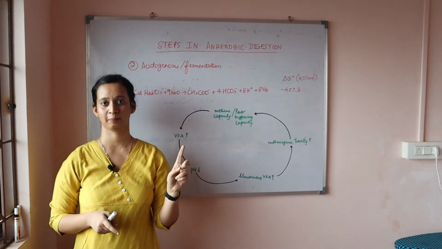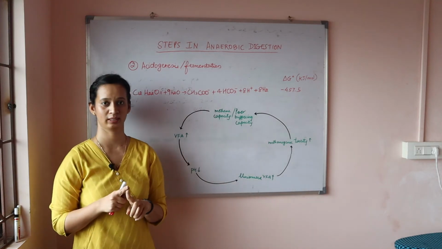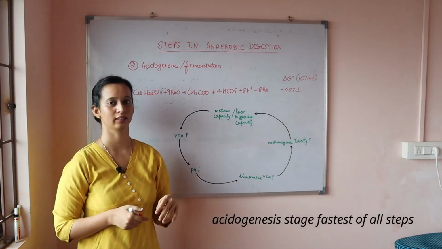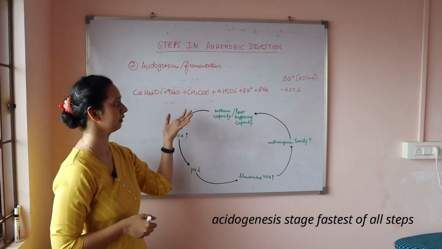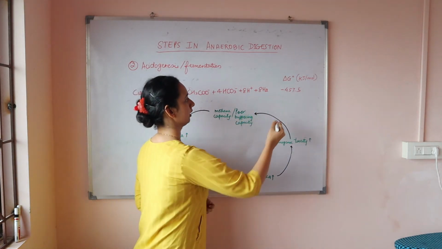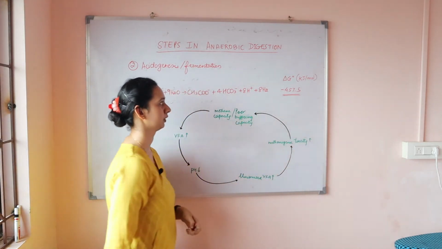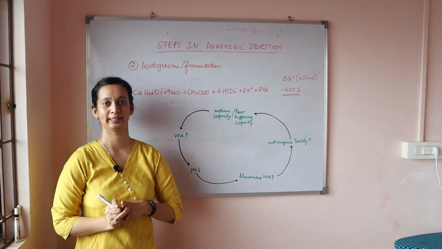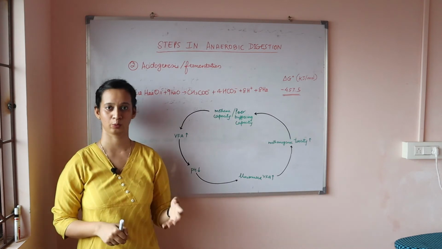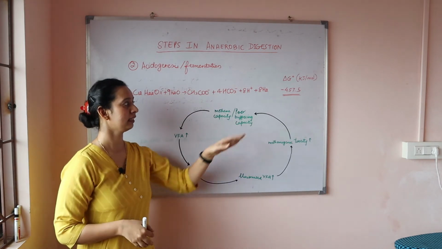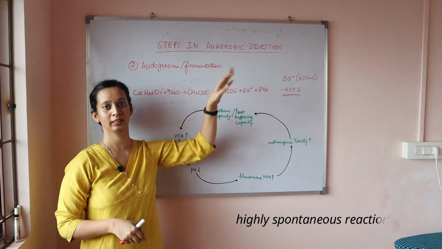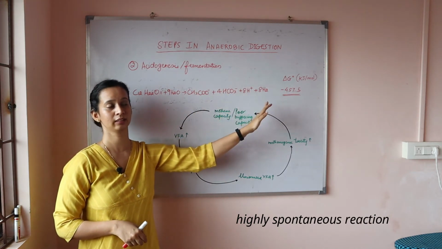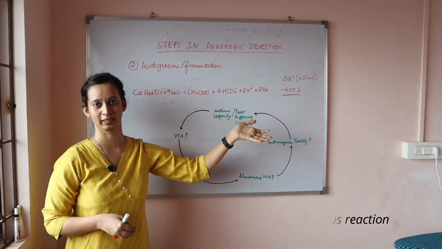The hydrolysis step was the slowest of all the steps, but the acidogenesis step is the fastest, and you can see this from here. The Gibbs free energy, I won't go into the details of what it is and how it works, but basically if the value is negative, that means the reaction moves in a forward direction.